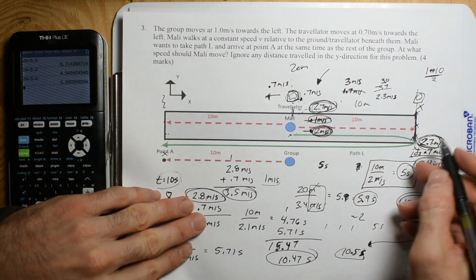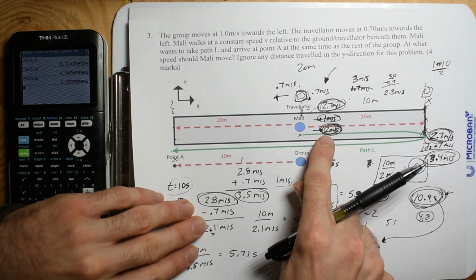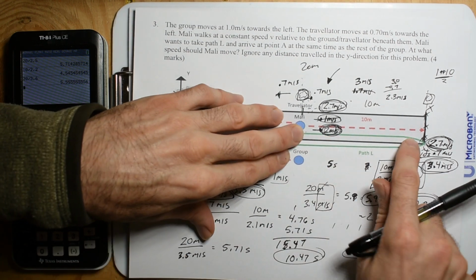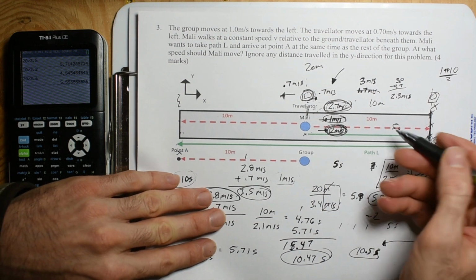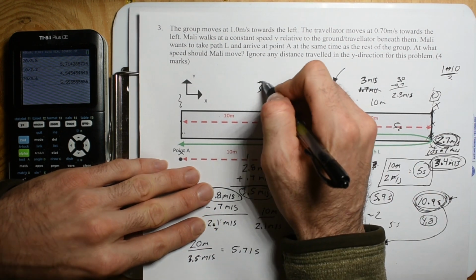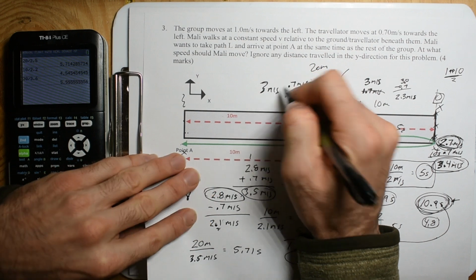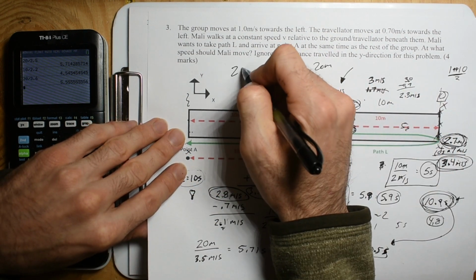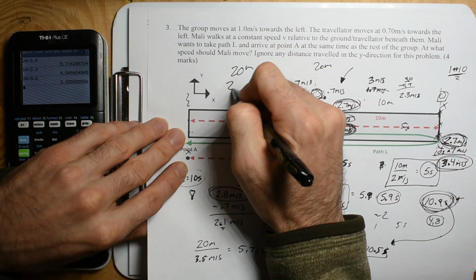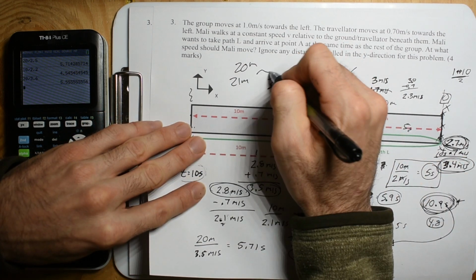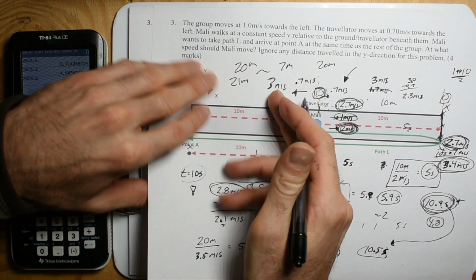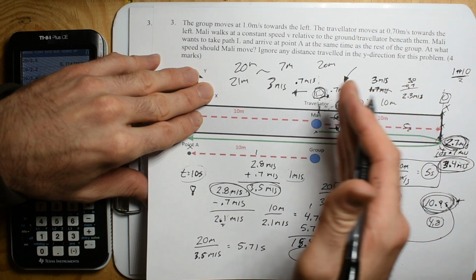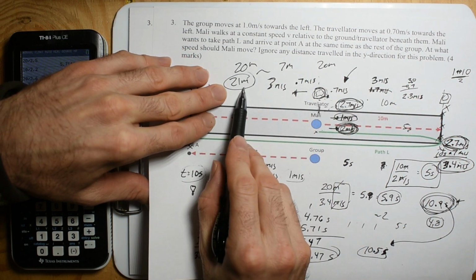Even on the return trip, if I was traveling 2 meters per second relative, it's going to take 5 seconds. But now let's say I'm traveling 3 meters per second back the other way, and I have to travel 20 meters. You know what I mean? Just change it to 21 meters, and you can see it. At 3 meters per second, that's 7 seconds to get 21 meters.